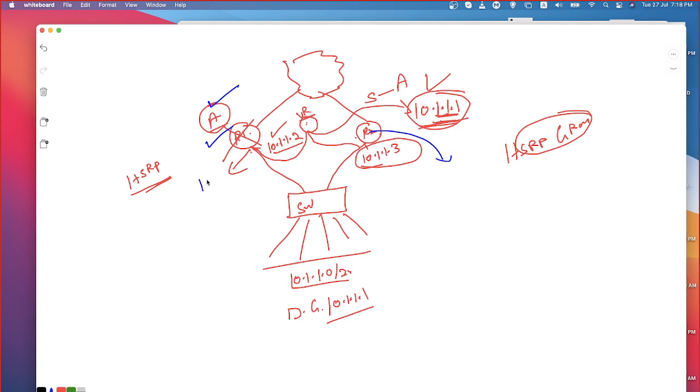Let's say R1's priority is 100 and R2's priority is 110. Even though R2 has a better priority, because the active router is up and running, the standby router needs to maintain silence. But if you want the router with the better priority to take the role of active, there is something called the preempt option. It doesn't matter.